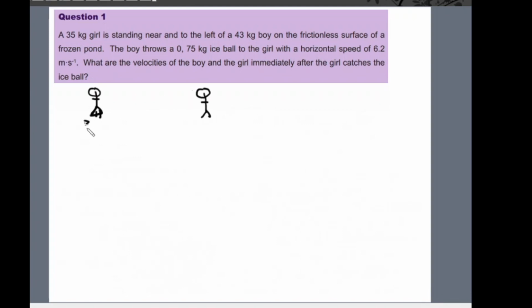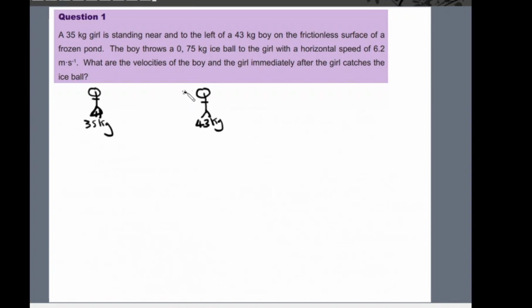She's 35 kg. This one is 43 kg. They're standing on a frictionless surface. The boy throws a 0.75 kg ice ball to the girl with a horizontal speed of 6.2 meters per second.